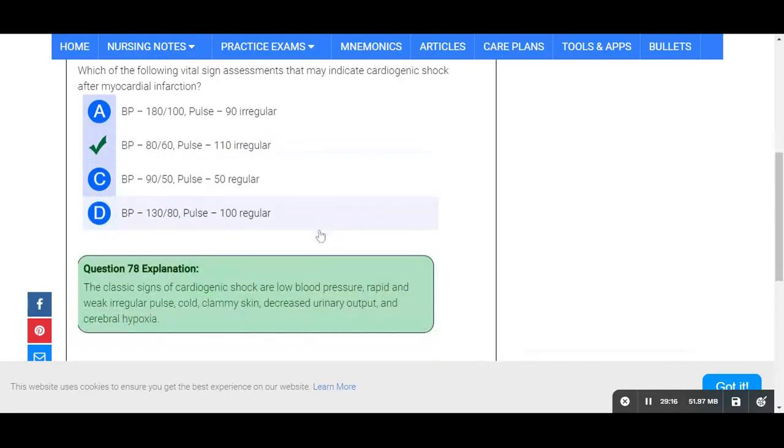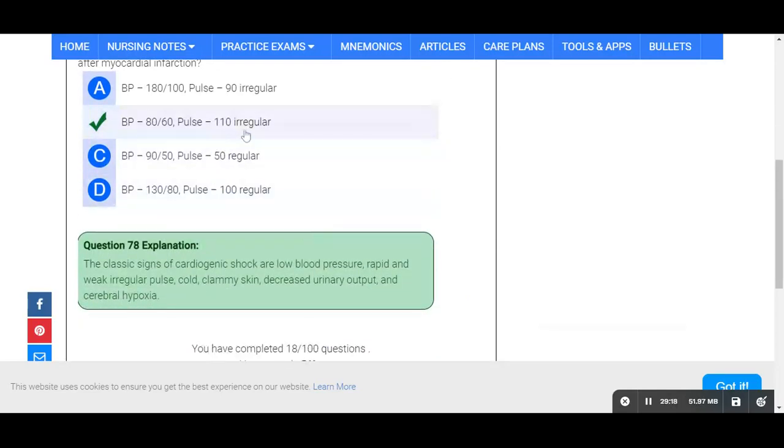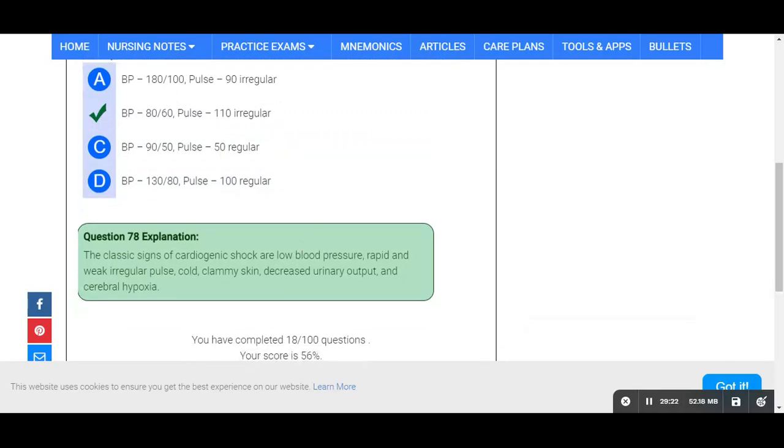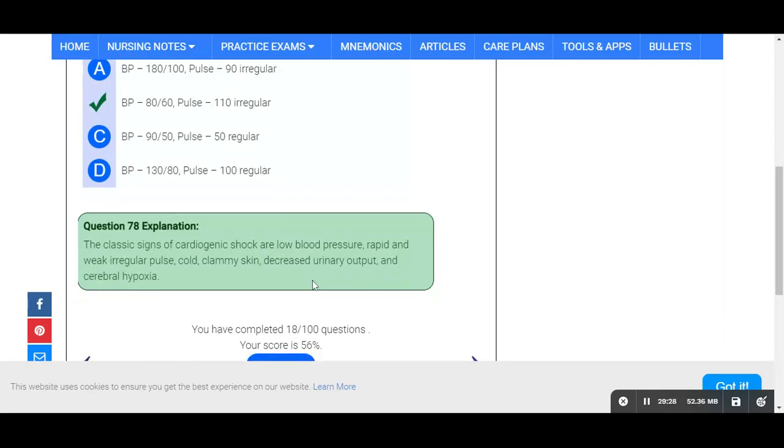I got it correct. It's 80 over 60, pulse 110 irregular. The classic signs of cardiogenic shock are low blood pressure, rapid and weak irregular pulse, cold clammy skin, decreased urinary output, and cerebral hypoxia.